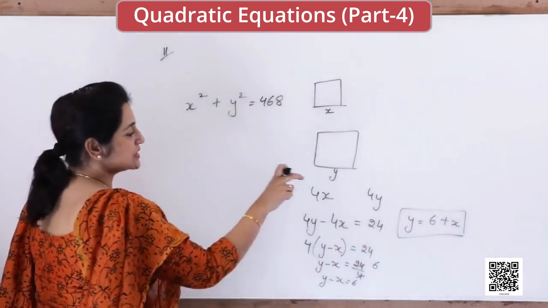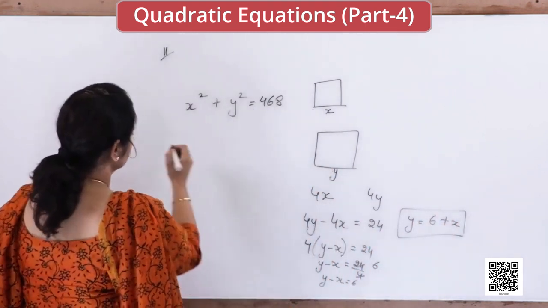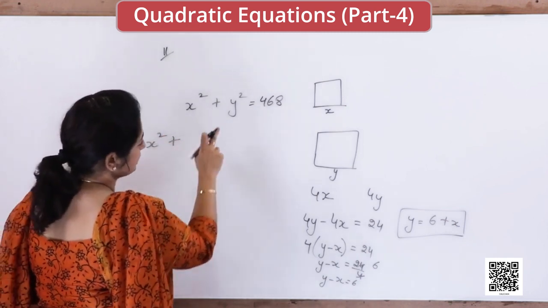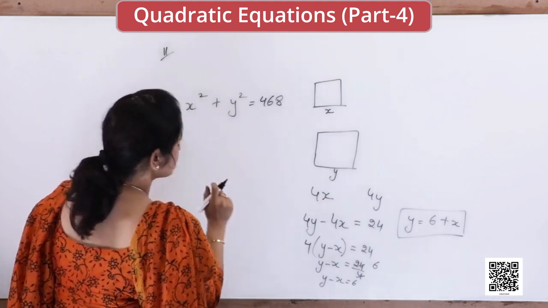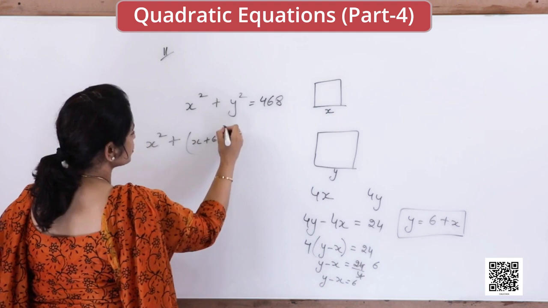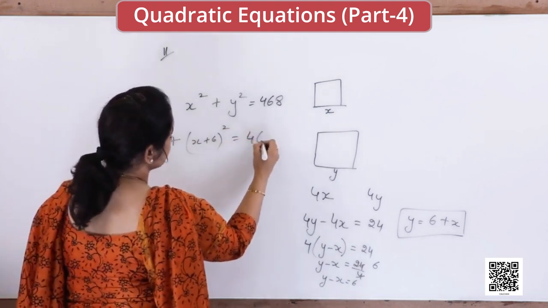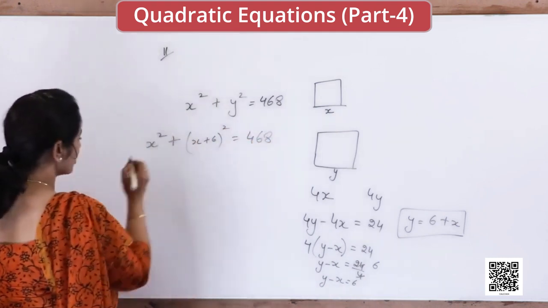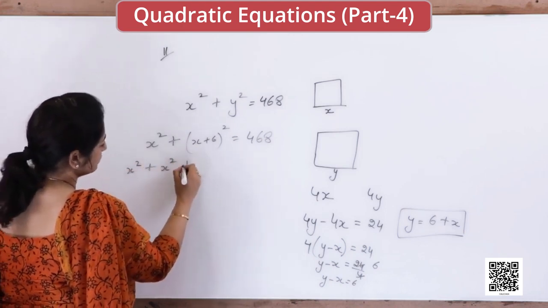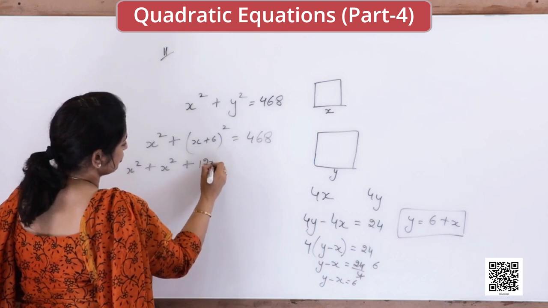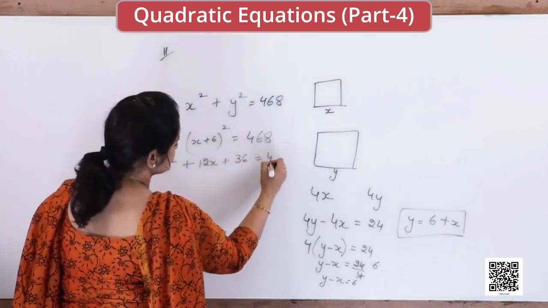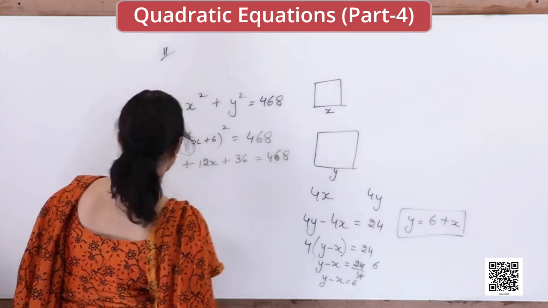Now, we will use this value in this equation. So, here we have x square plus y square. In place of y, I'll put 6 plus x or x plus 6. So, x square plus x plus 6 whole squared is equal to 468. Now, solving this, x square plus x square plus 2ab, that is 12x, plus 6 square, that is 36, equals 468.